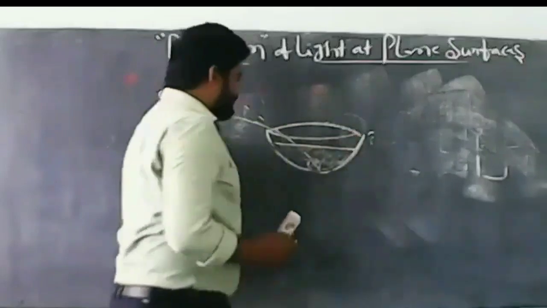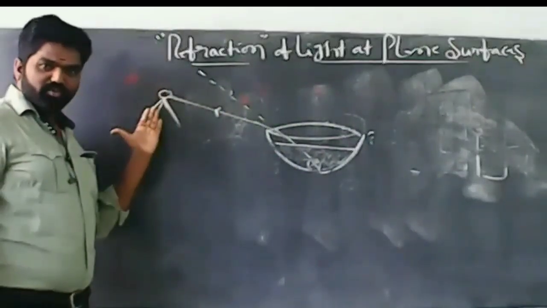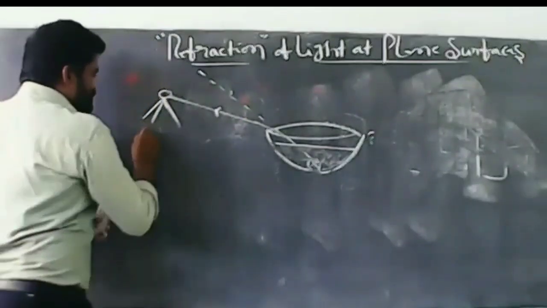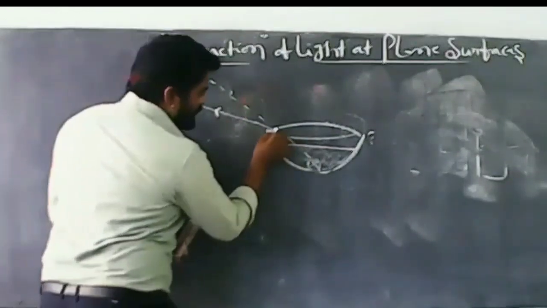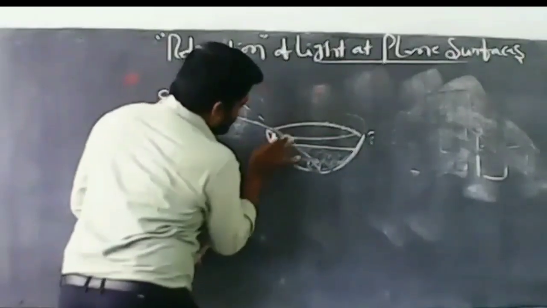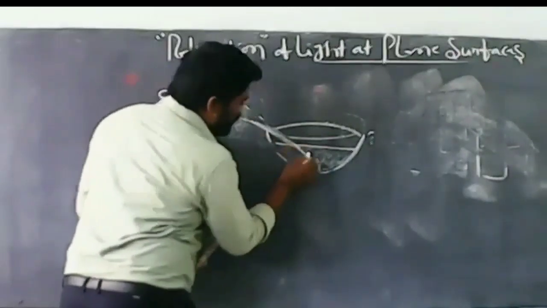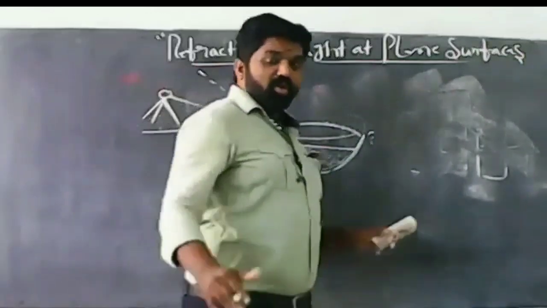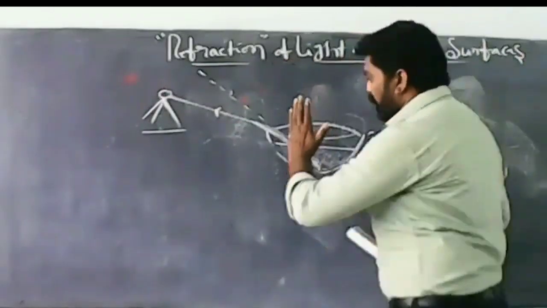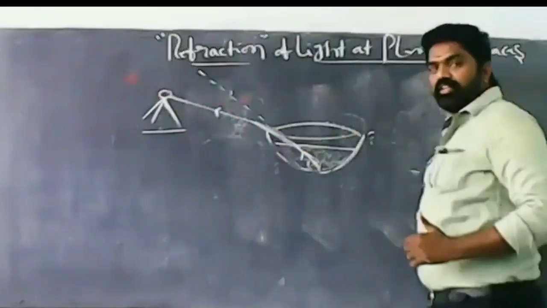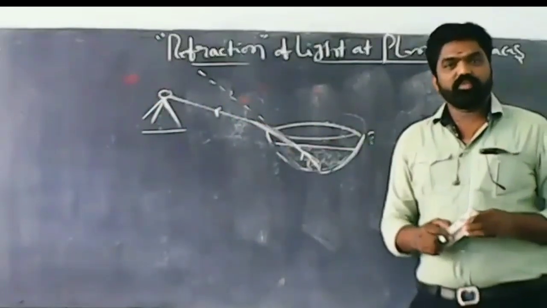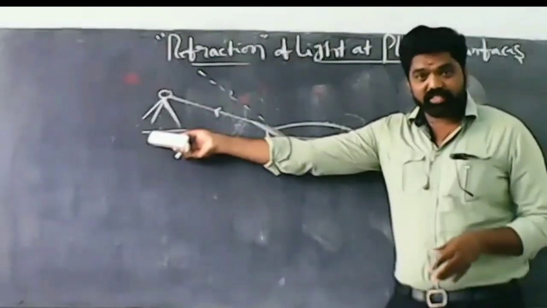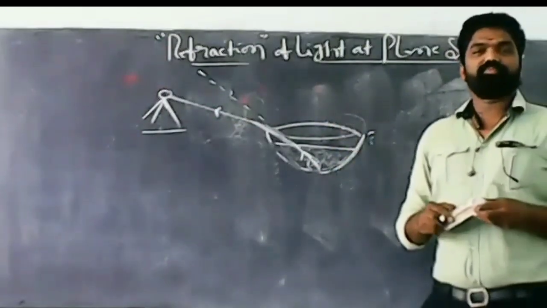Before filling the water, the coin does not appear to you. While it is filled with water, at the same position, the light ray coming from the coin directly falls on the retina, then it appears. So what happened? When you go farther from the vessel, it does not appear. When it is filled with water, even though you are at the same place, the coin appears to you.